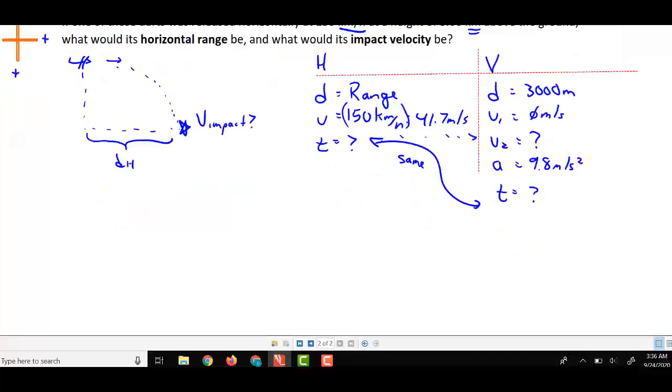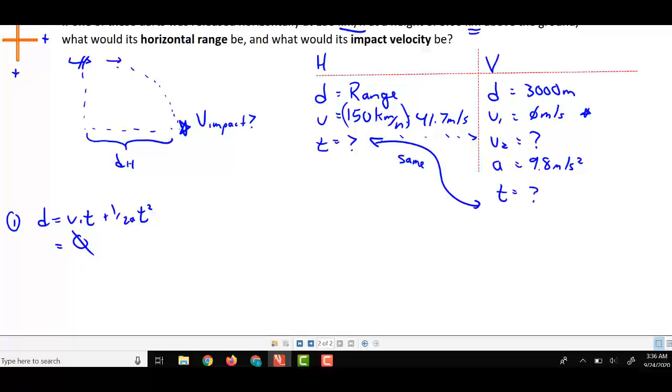Time is the key, as always, in these projectile motion problems, to connect the horizontal and vertical information. And so the first thing I'm going to do is work on finding time. And again, if this is 0, then our equation displacement is equal to v1t plus 1/2 at squared is a really nice shortcut, because all of this is going to be equal to 0, because 0 times t is 0.